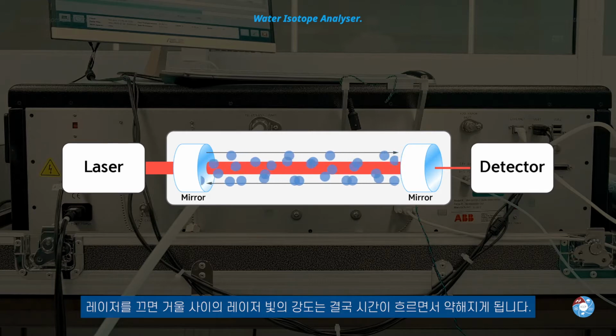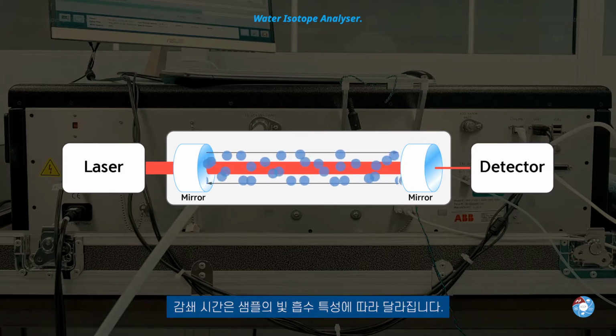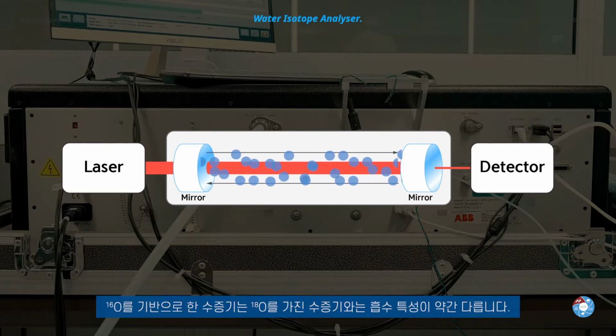When we turn off the laser quickly, the intensity of the laser light between the mirrors will eventually decay over time. The decay time depends on the light's absorption properties of the sample inside. It turns out that water vapor based on 16O has slightly different absorption properties compared to water vapor which has 18O.